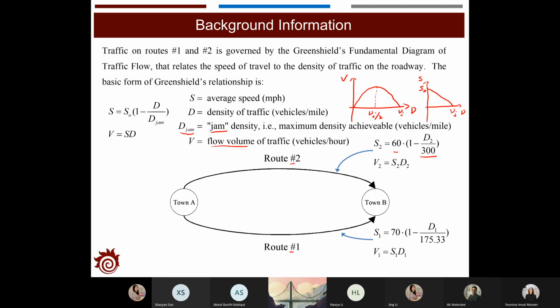For Route 1, we have S1 equal to 70 times 1 minus D1 divided by 175. So the speed limit is 70 and the jam density is 175. You can also find the flow as the product of S1 and D1. That's the fundamental diagram for these two routes. This information is very important for you to determine what the flow traveling from town A to town B will be, and also for us to determine the supply functions.